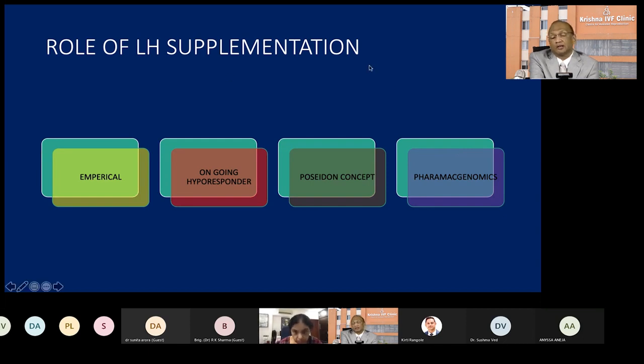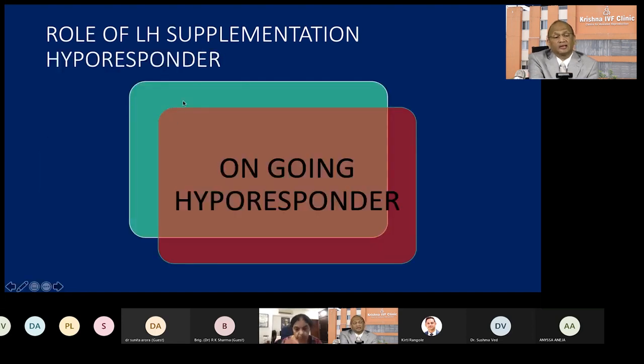So, the role of LH supplementation in an ovarian response is not for poor responder, but it is only for a hyporesponder, and the concept is getting refined as follows.